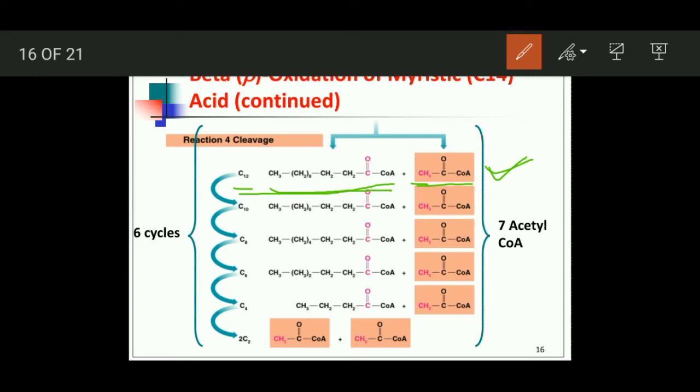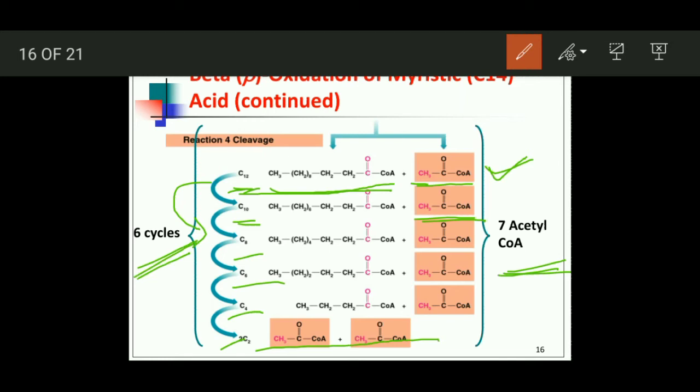Clear concept guys. Again this C12 goes through the process, steps 1 to 4, and again loses 2 carbon from C12 to C10, and these 2 carbons again form acetyl coenzyme A. Again the same process takes place, and finally the total number of acetyl coenzyme A formed is 7 here. 7 acetyl coenzyme A are formed after the whole process of beta oxidation of myristic acid, and the total number of cycles is 6.